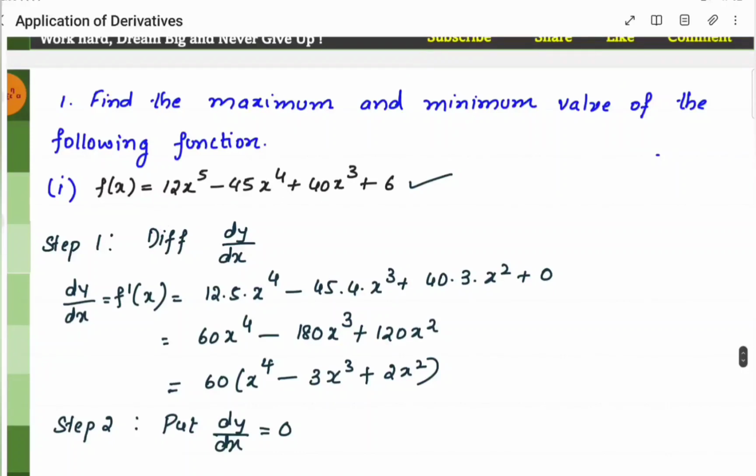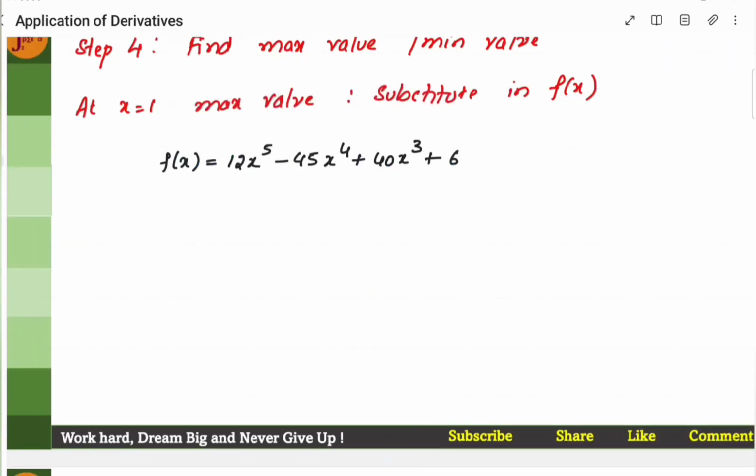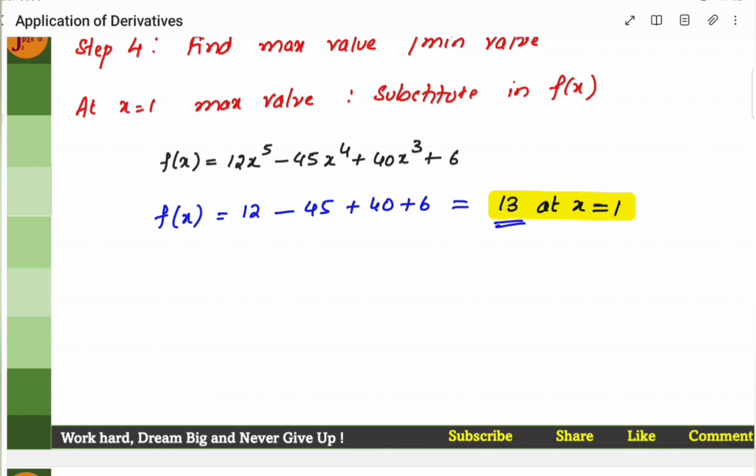Given in the problem, this one. We have to take this function and substitute the x value. So we'll put x as 1. I'll get 12 minus 45 plus 40 plus 6, which is 13. So 13 is the maximum value at x is equal to 1. So this is one answer.